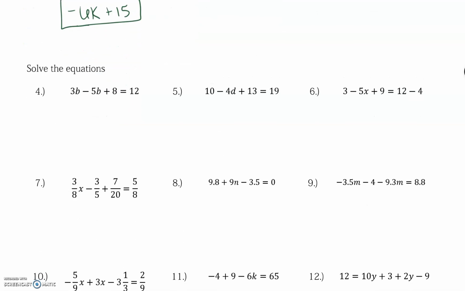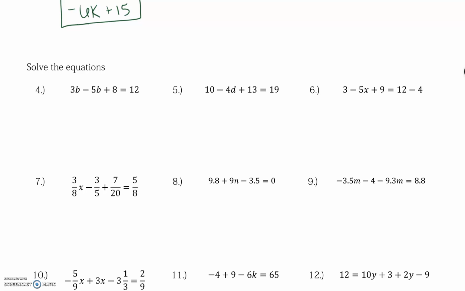All right, let's go through a couple of solving. On the left-hand side, I have two b terms that I can combine together. So I have 3b and negative 5b. Well, 3b plus a negative 5b would be a negative 2b, plus 8 equals 12.